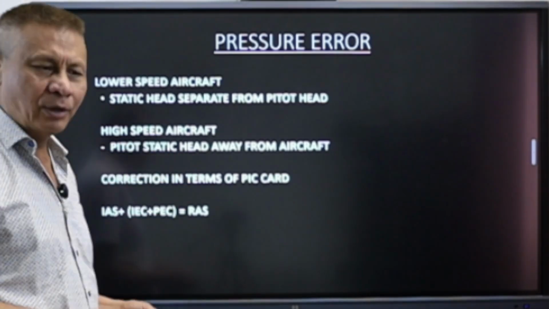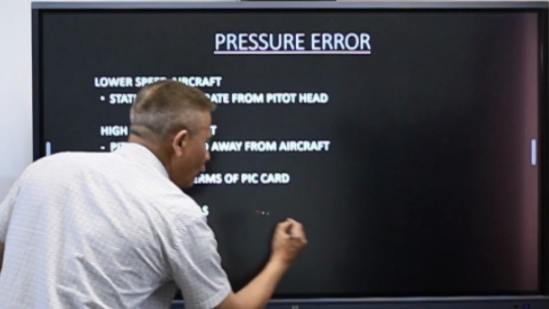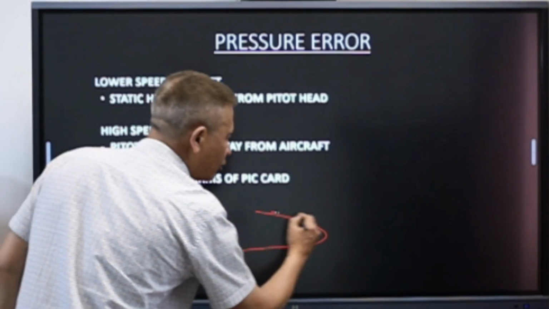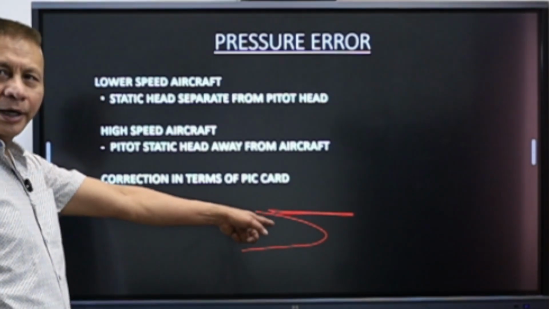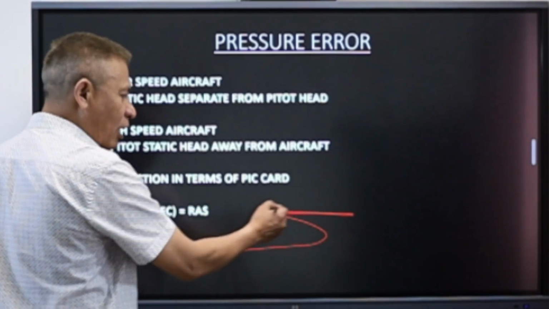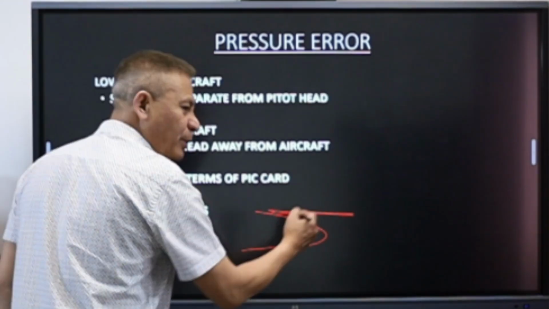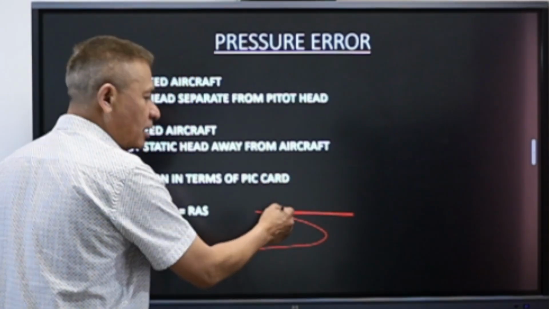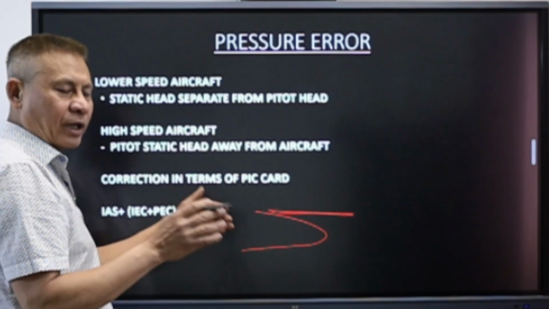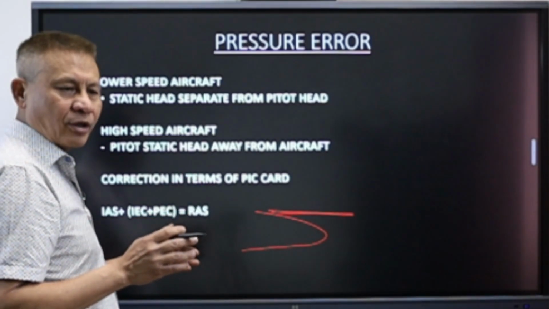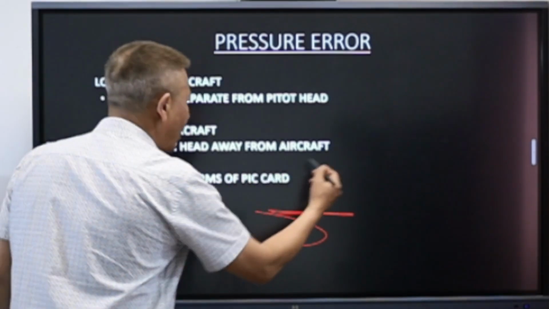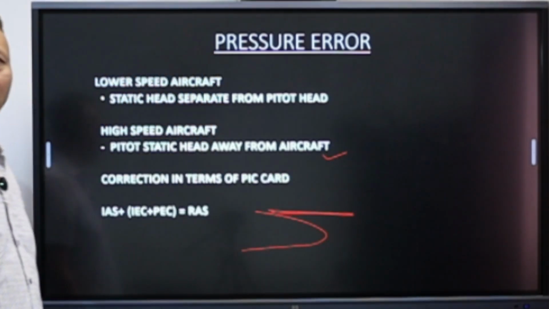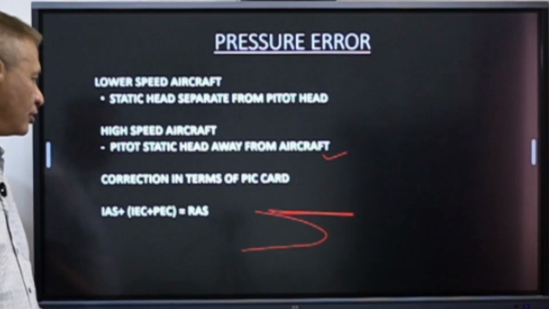In most fighter aircraft, you have seen a kind of probe protruding out of the nose of the aircraft. That probe is your pitot-static tube, which is separate from the fuselage so that there is minimum disturbance from the fuselage or the airframe. That is why it is placed away from the aircraft structure itself.